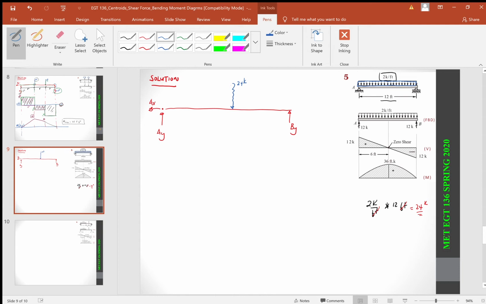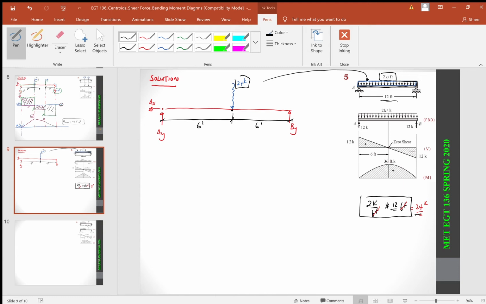So over the span, it's going to be 6 feet by 6 feet. This force was derived from this uniform load by multiplying it by its span. The feet cancel out, you're left with 24 kips. That force is located at the centroid of this rectangular shape, dead in the middle of this span, 6 by 6.